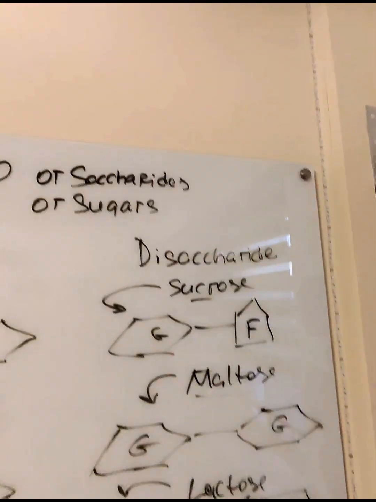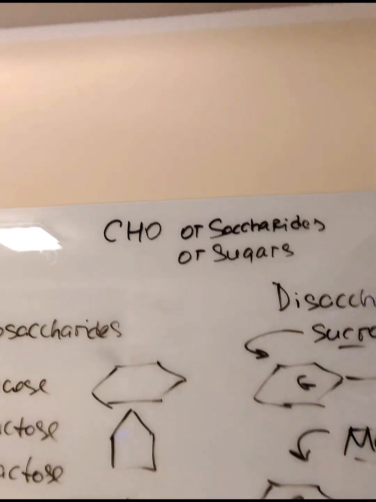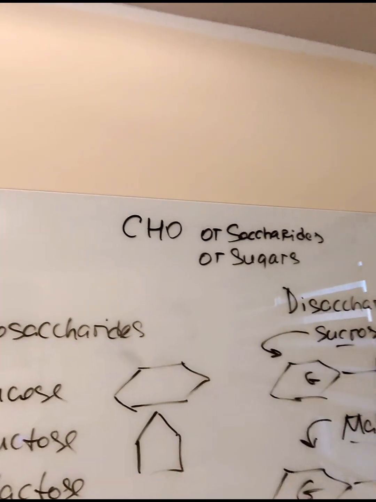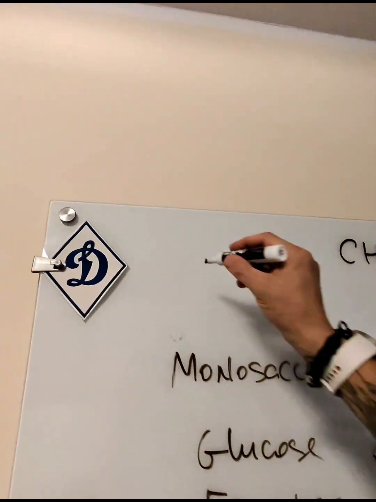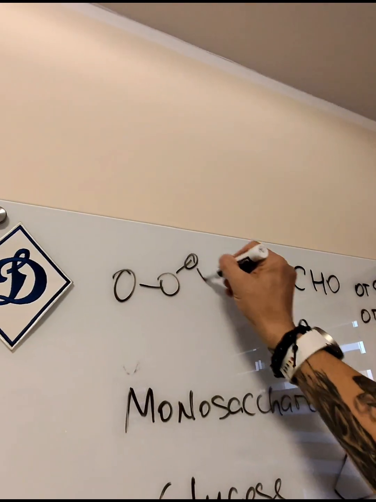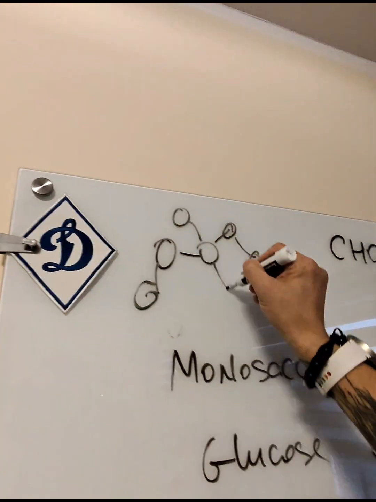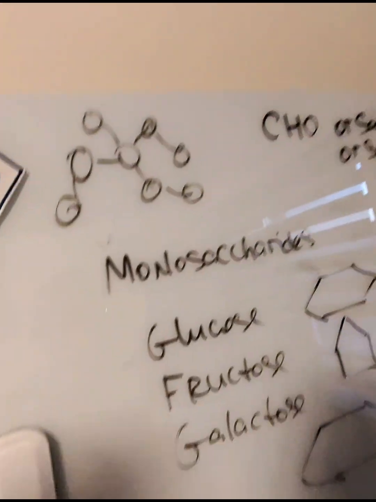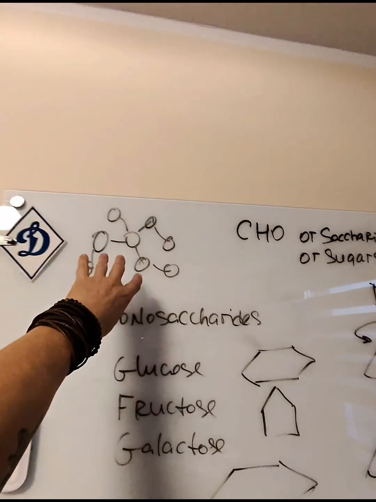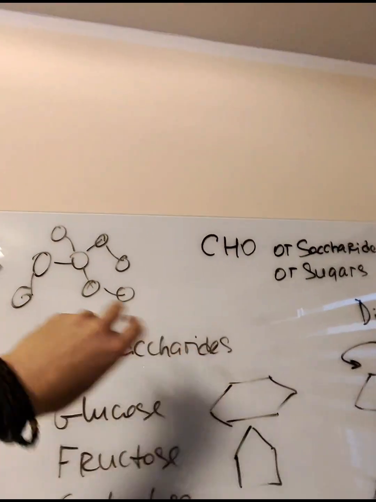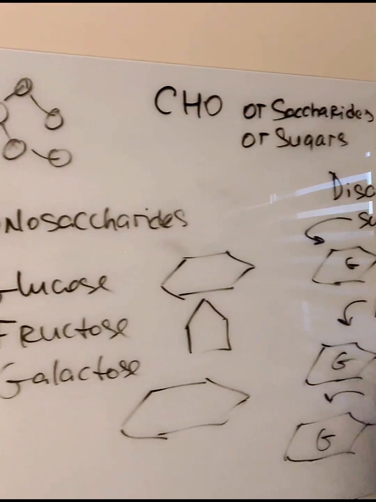That's what the disaccharides are. But the polysaccharides are just many glucose units, like 1, 2, 3, like this, right? More than 10 units is considered to be a polysaccharide. It's not an official structure, obviously, but that's what it is.